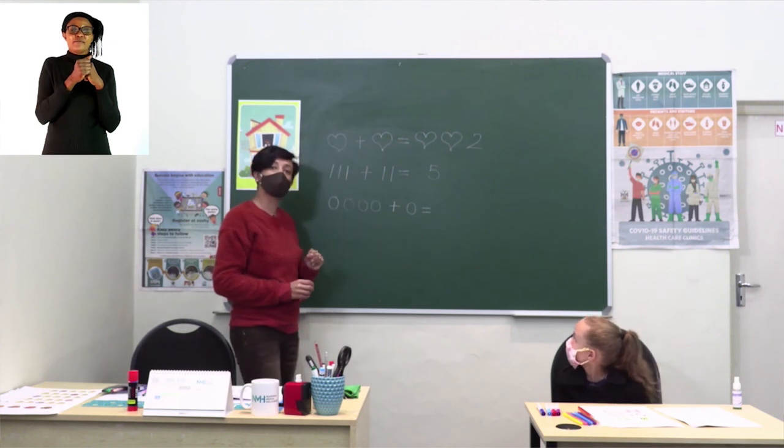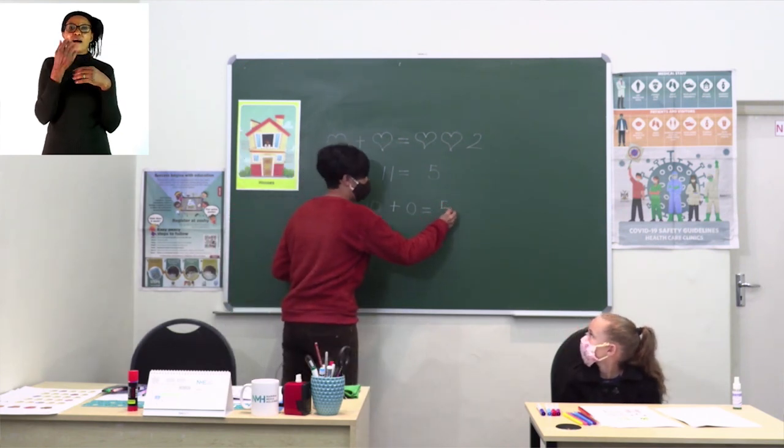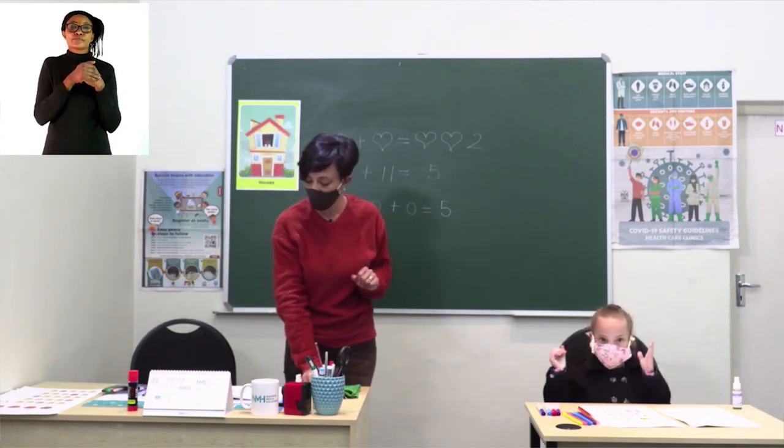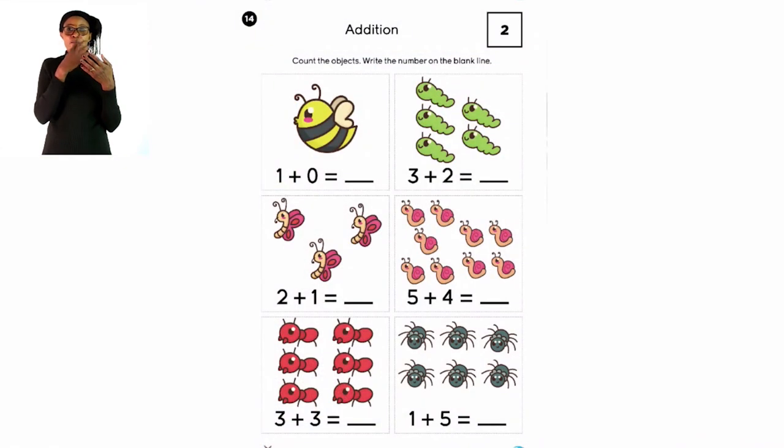So how many circles do we have here? 5 circles. So if we go back to our page 14, we will see that we have to do the same. We have to plus, and then we have to fill in the answer on the line.